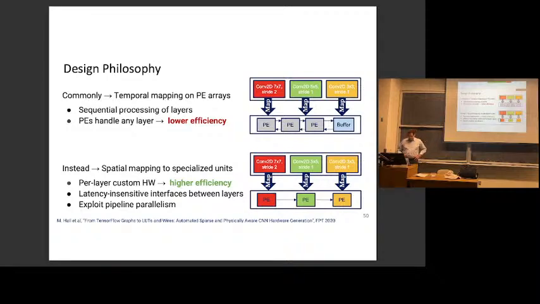So they form basically a coarse pipeline. This PE is processing this layer and then feeding its data onto the next layer, which is actually implemented by a different PE, different hardware, specialized to this exact 5x5 kernel, and then feeding that onto the next PE, which is specialized to this exact 3x3 kernel.